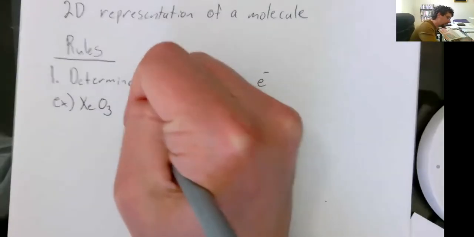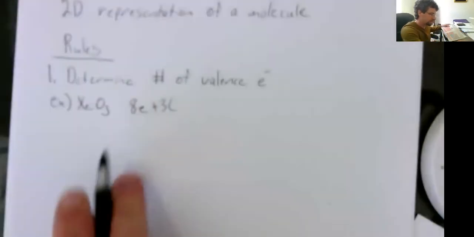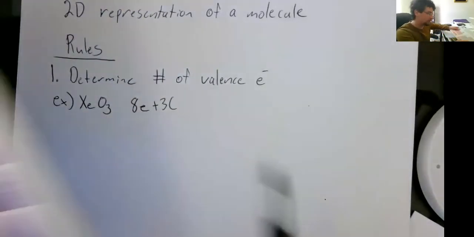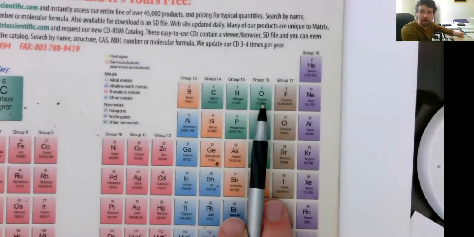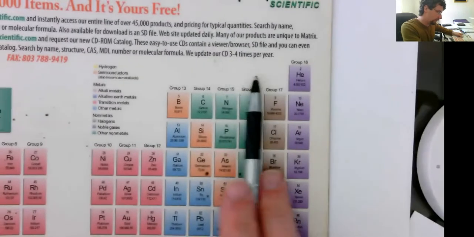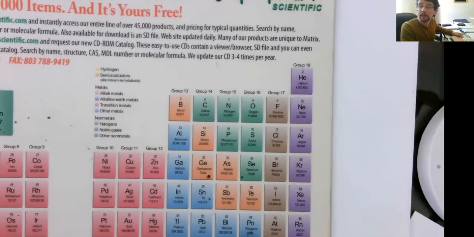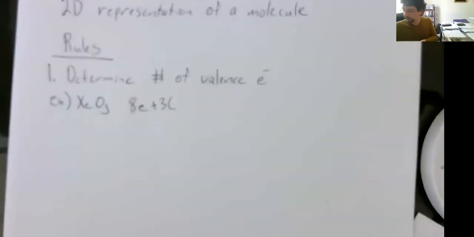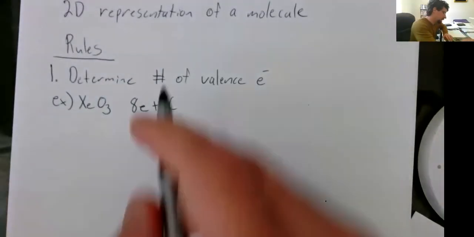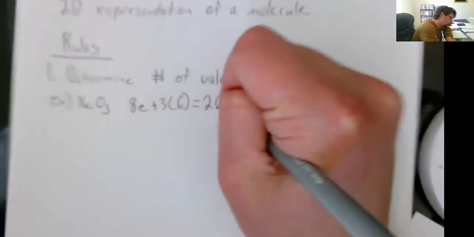So we have 8 electrons plus 3 times, that 3 is for how many oxygens we have. Oxygen is in group 16, in this column along here, which means we have 6 valence electrons. So 6, for a total of 26 electrons.